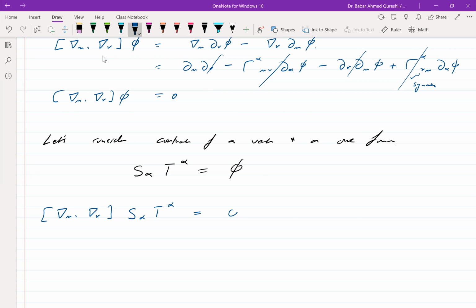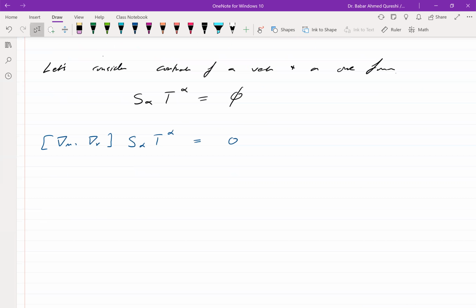I know this has to be equal to 0 because it's a scalar, but I can open it up. On the left-hand side, this is something like ∇_μ∇_ν acting on S^α T_α, and we know that it has to obey the Leibniz rule, minus the terms where you replace μ's by ν's. So let me just write it like this.